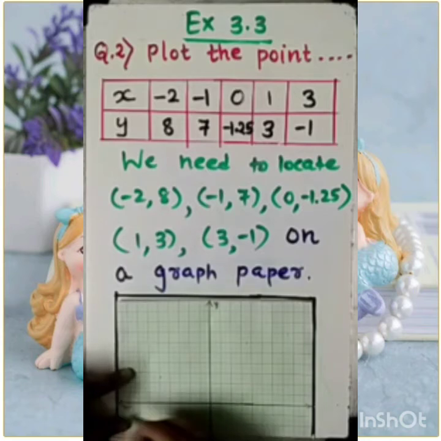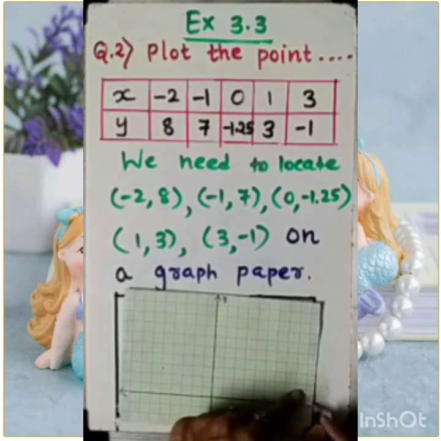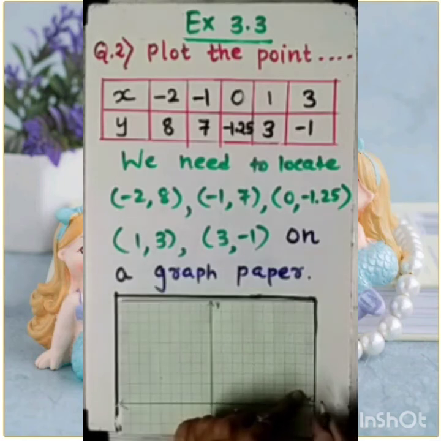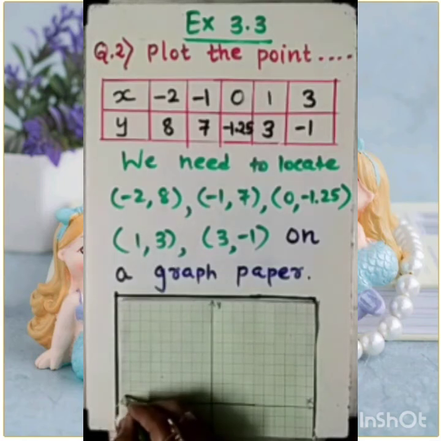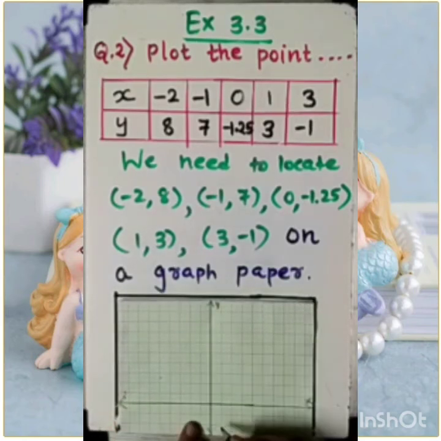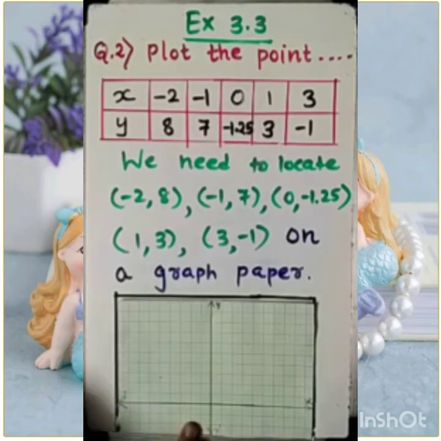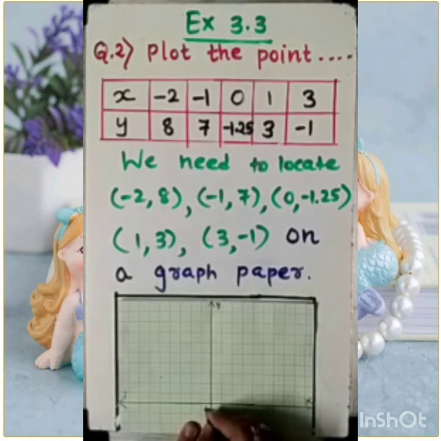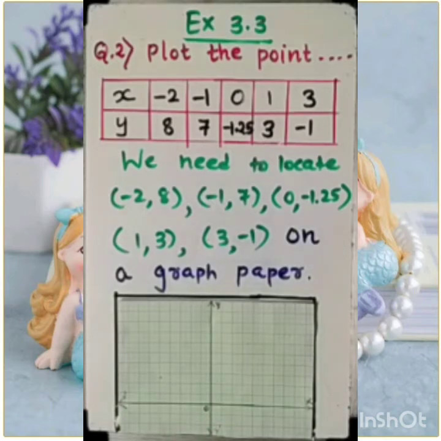This side it is x dash, and this is y dash. And where the horizontal line and vertical line intersect, that is the origin O.